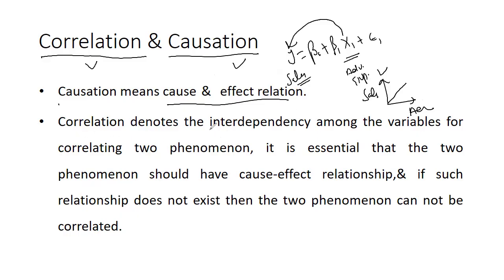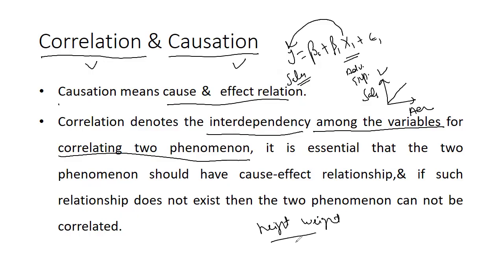Correlation denotes the interdependency among the variables for two correlated phenomena. Two phenomena may be the height and weight of the students.